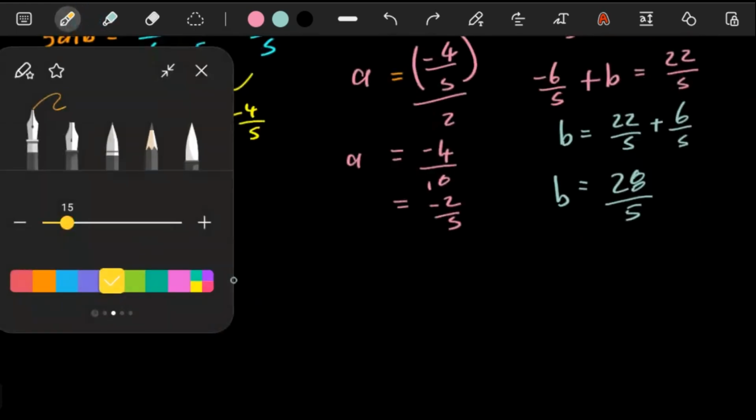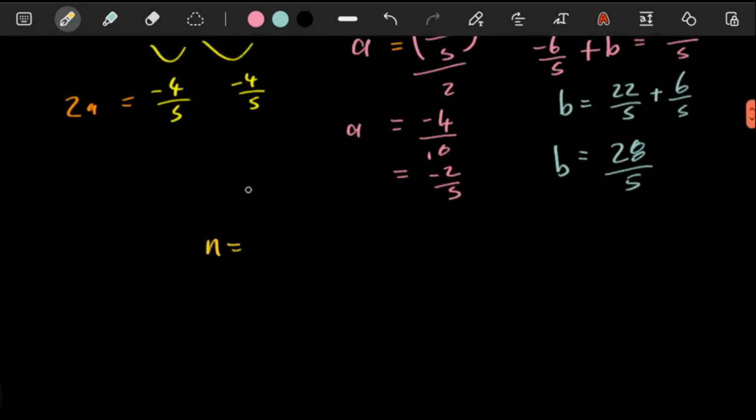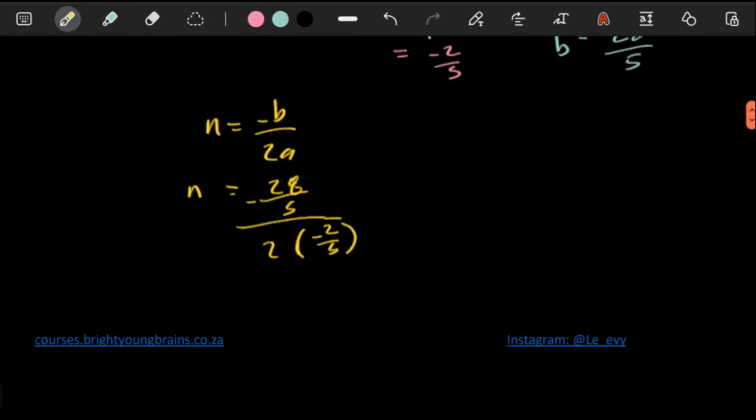But anyways, let's see here. So n is equal to negative b over 2a, right? So our b value here, we have 28 over 5, so with the negative that's going to be there, and then negative 2 over 5 for a.